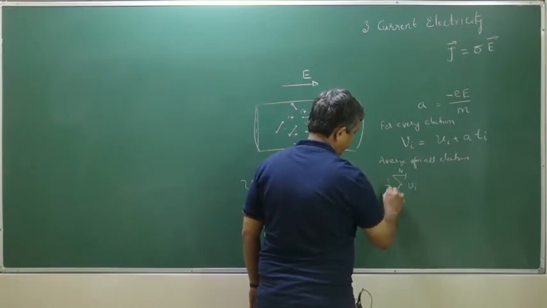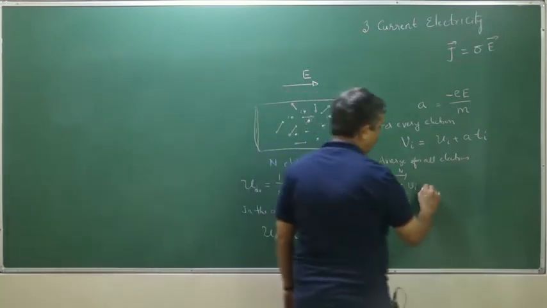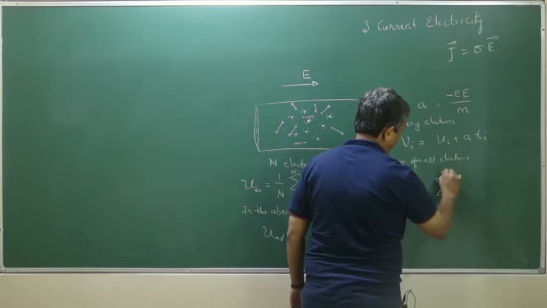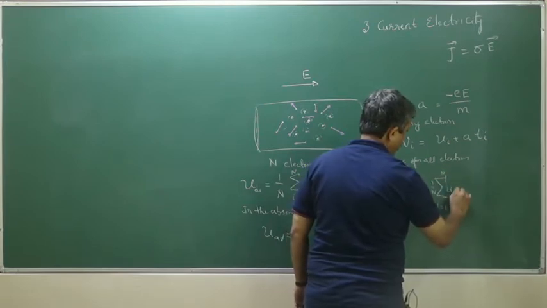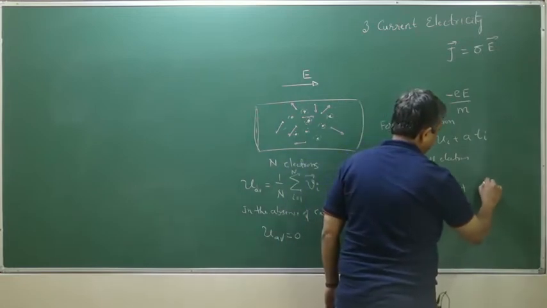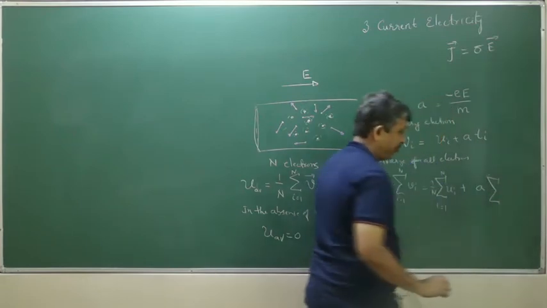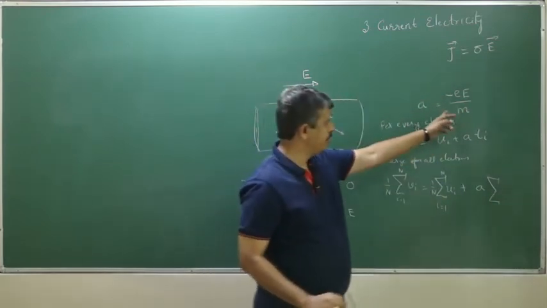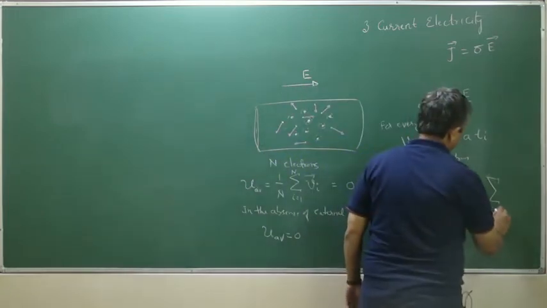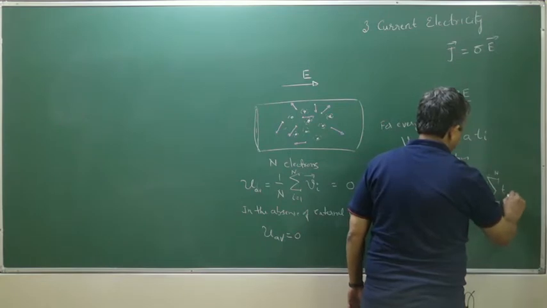And on this side you have 1 by n sigma Ui, plus a into 1 by n sigma Ti, for i equal to 1 to n. Here a is the same because E is the same and m is the same.